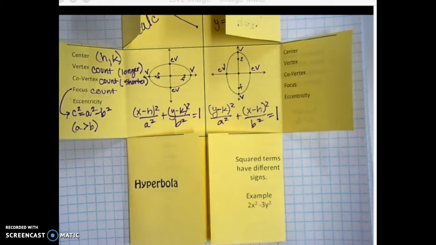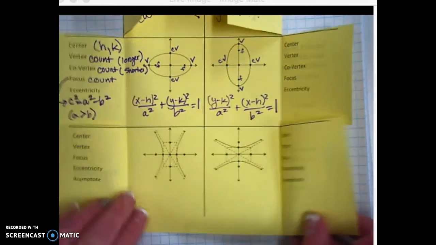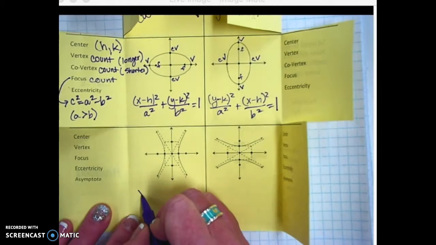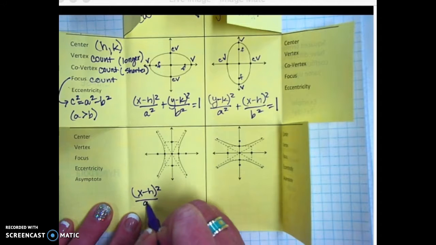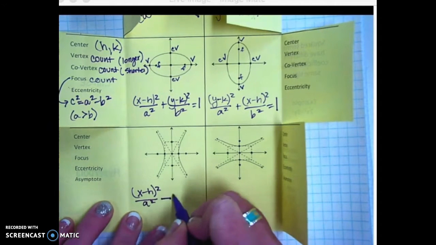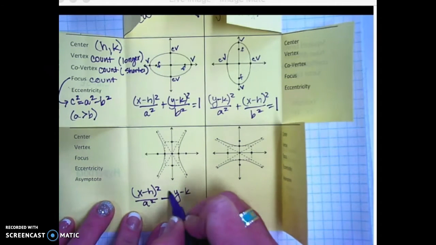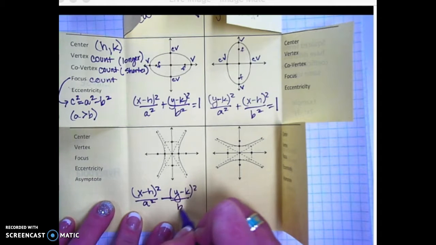All right? What's the difference on the equation on the hyperbola? Different signs. Right? Instead of being a plus right there, you're going to get a what? The minus. Okay? So when you open it up, we're going to write x minus h squared over a squared minus y minus k squared over b squared.